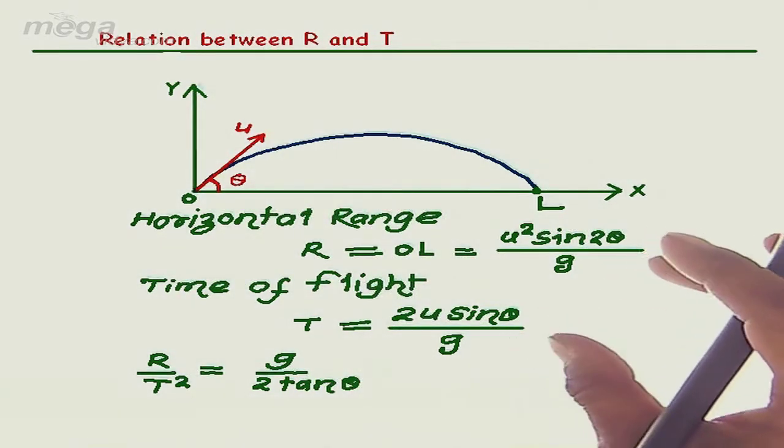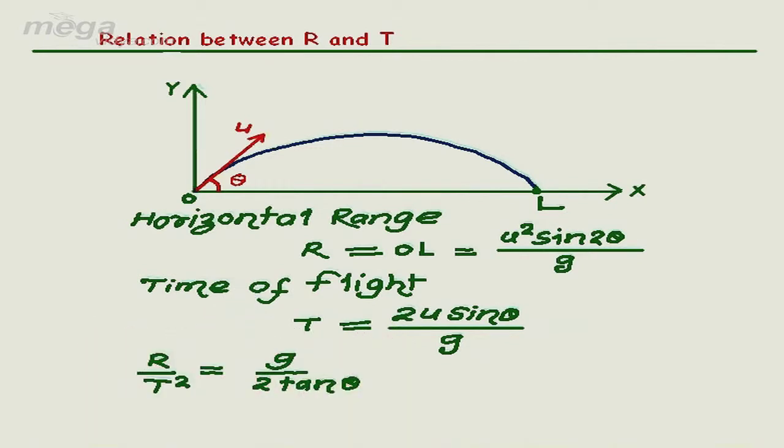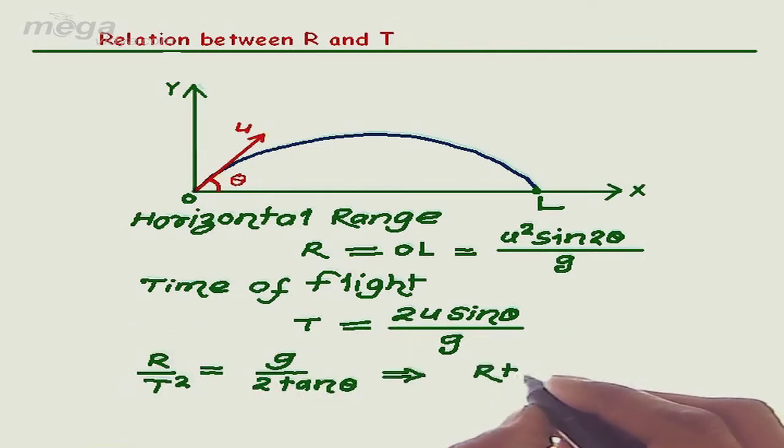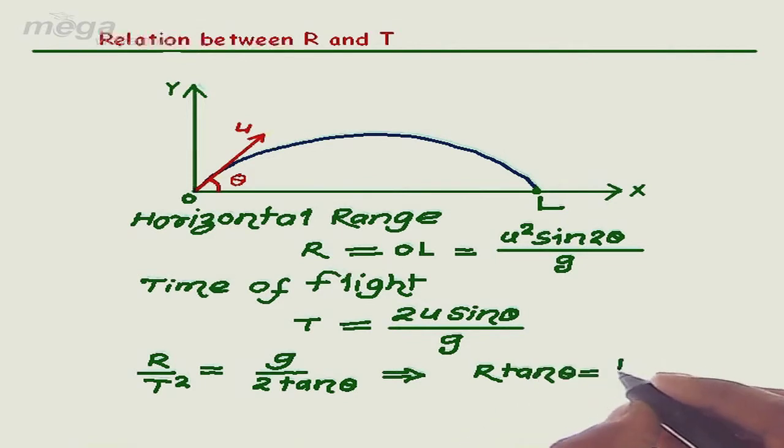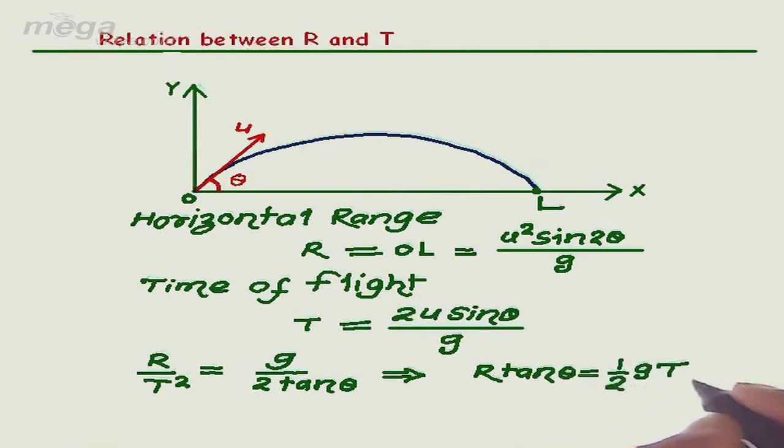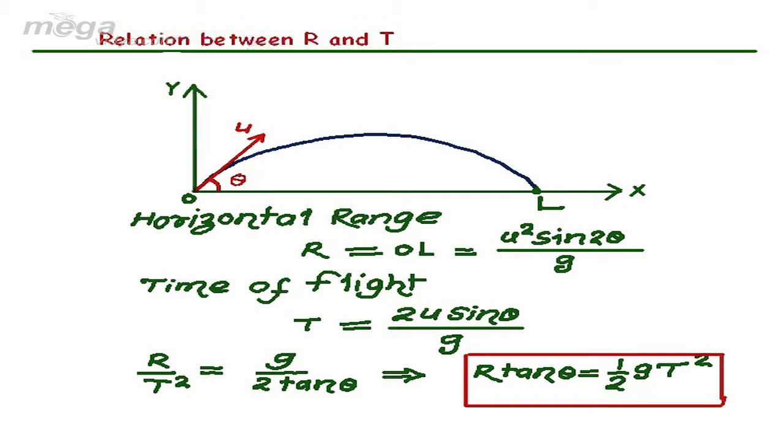By using these two values into this function, it can be modified as R tan theta equal to half g T square. So the final result for the relation between R and T, we can write R tan theta equal to half g T square, where tan theta is the tangent of the angle of projection theta.